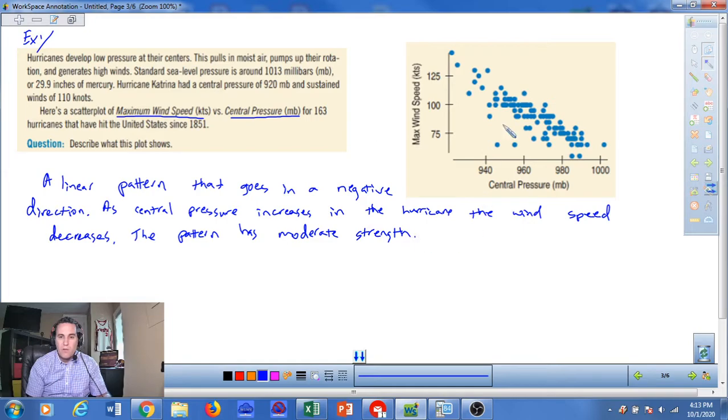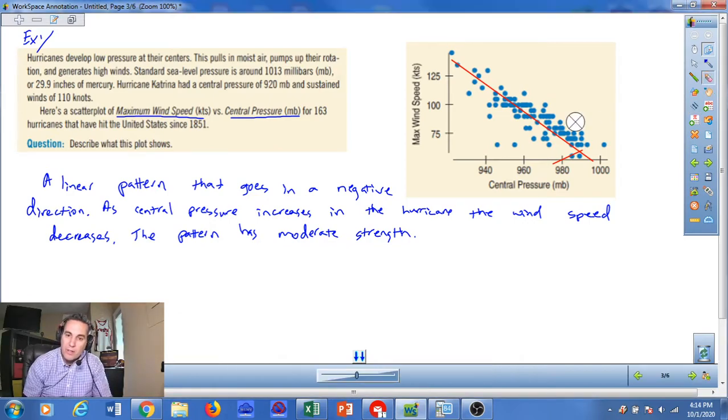If I'm thinking back, we're going to do this in chapter 8, but you're thinking line of best fit, it does follow a pretty good pattern here, right? There's sort of the pattern I'm thinking. It does follow that pretty well. So that's why I said moderate strength. The points weren't super far from that overall general pattern. So that's why I said it was a moderate strength on there.